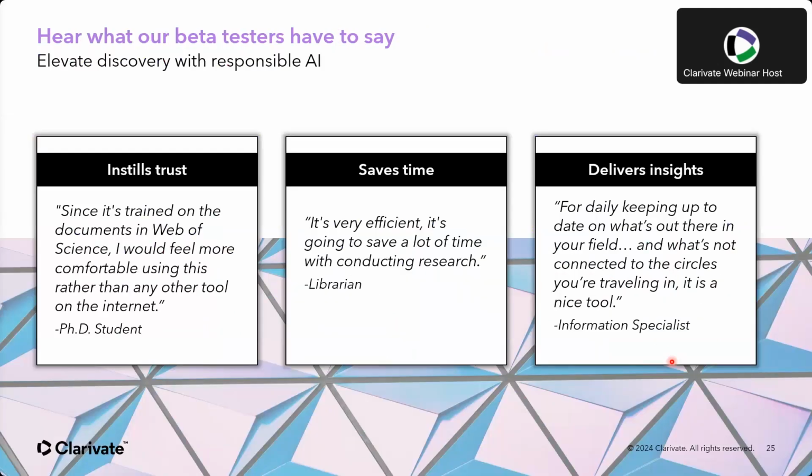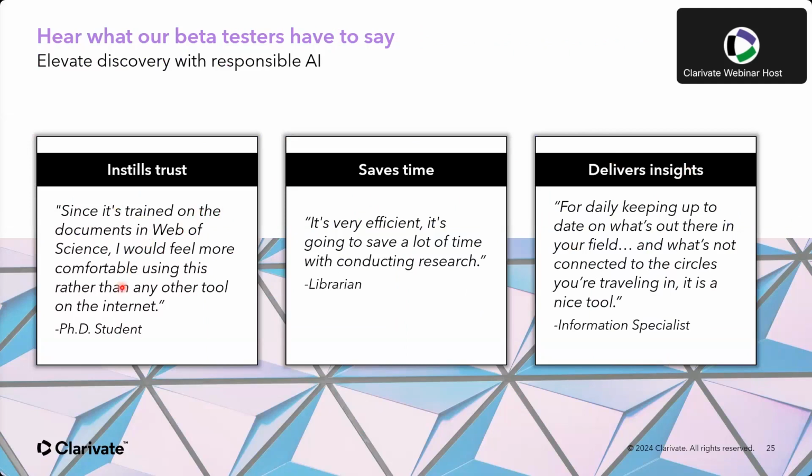Our testers, what they've mentioned, so it's basically 3 pillars: trust, saving time, and insights. Right. In terms of trust, that's related to the data that it's trained on. So since it's trained on the documents in the Web of Science, I would feel more comfortable using this rather than any other tool on the internet, because you know the source. It's coming from journals that have been selected, right?